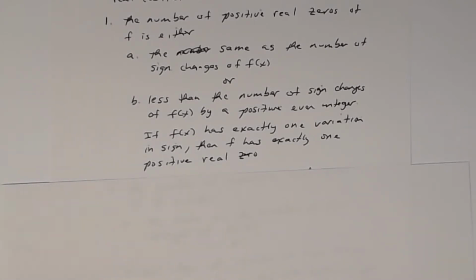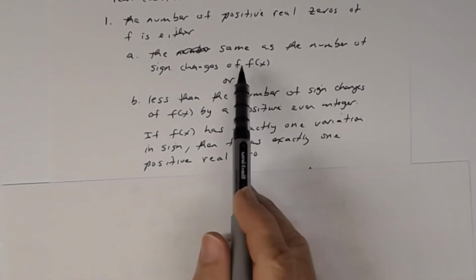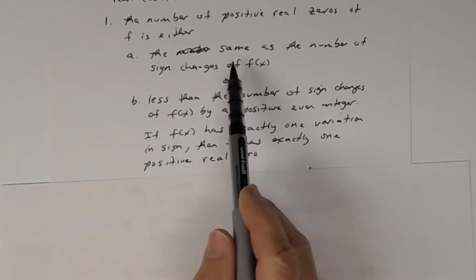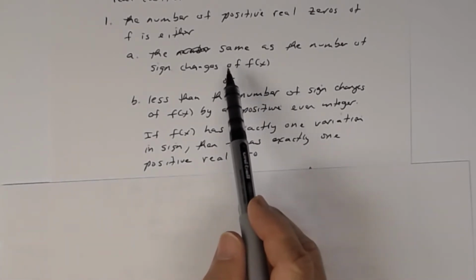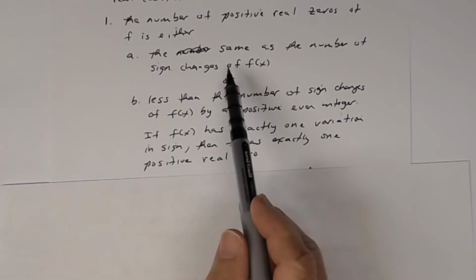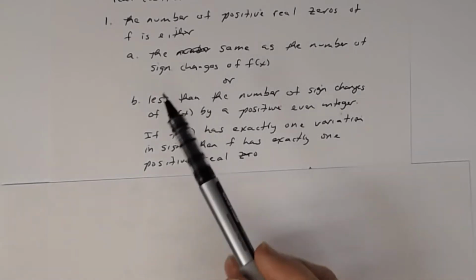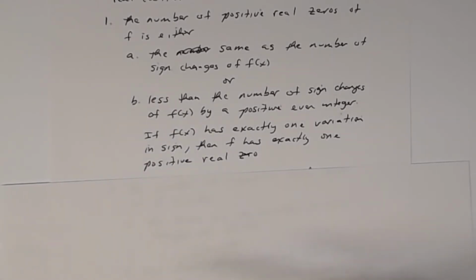Because remember, you cannot have any negative real zeros. Let me rephrase that. So the number of sign changes we said was 3, right? So you can have a function with 3 zeros. You can have a function with 2 zeros. You can have a function with 1 zero. You can have a function with no zeros. But you can't have a function with a negative number of zeros. That's what I mean. Okay?